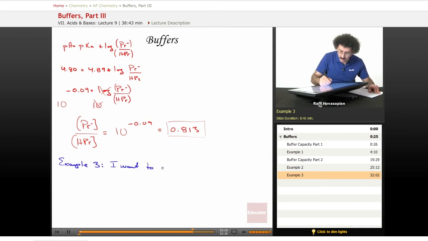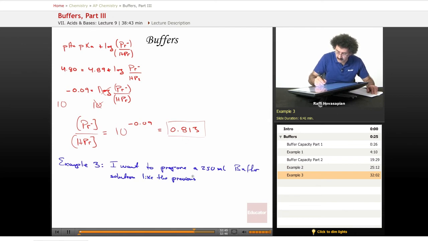I want to prepare a 250 milliliter buffer solution like the previous problem. In other words, I want to prepare the buffer solution at 4.8 using my propanoic acid.